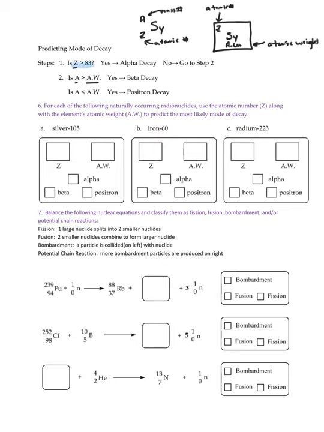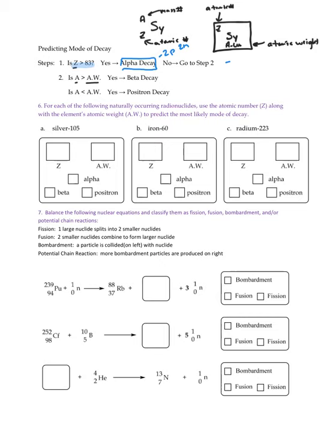And so if yes, you're going to get alpha decay. And remember, alpha decay is losing 2 protons and 2 neutrons. And so it makes sense that we would get alpha decay, because if we have something that's really, really big, alpha decay gets rid of a small part of that nucleus and works it back towards the belt of stability.